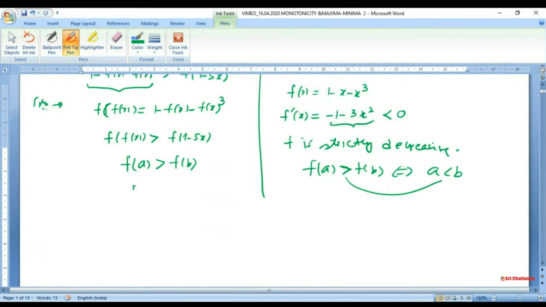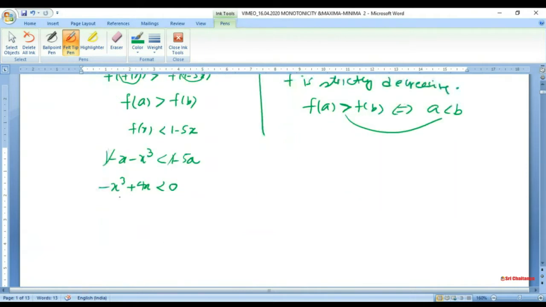The argument is f of x, and the argument is 1 minus 5x. So f of x less than 1 minus 5x. Now we bring back our f of x, that is 1 minus x cube, and this is less than 1 minus 5x. That one cancels. I write minus x cube, and then minus 5x becomes plus. So this is plus 4x less than 0.